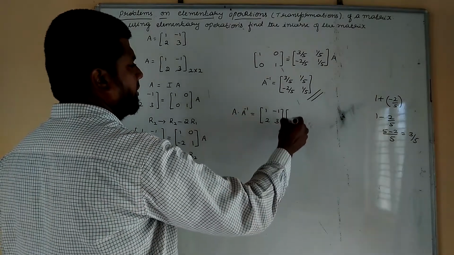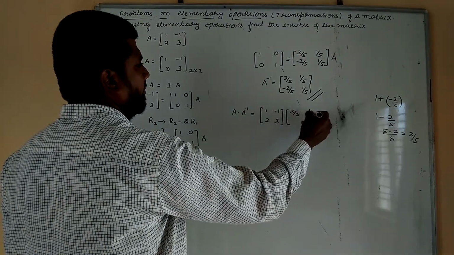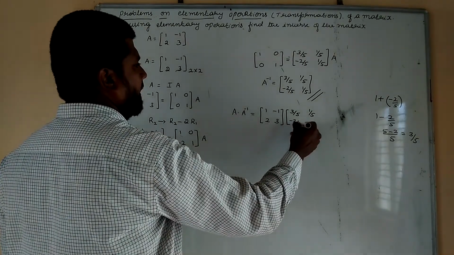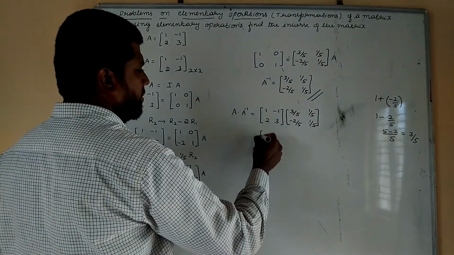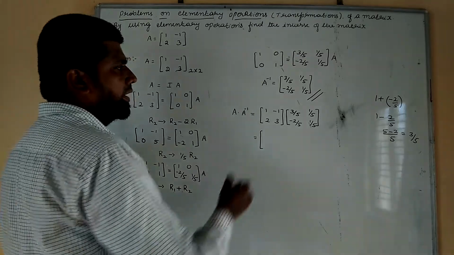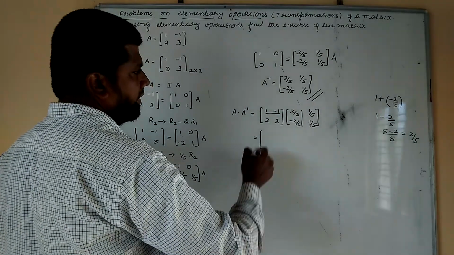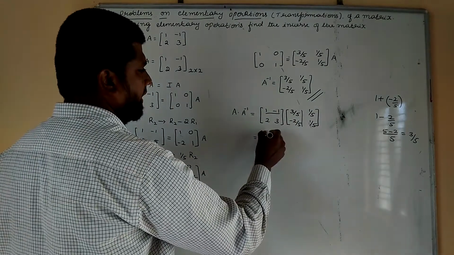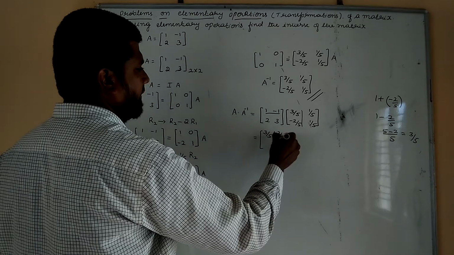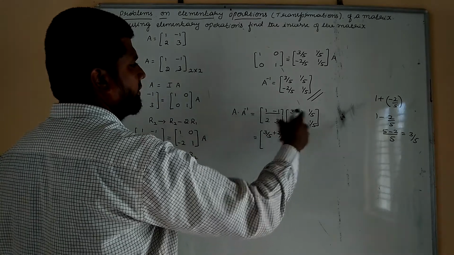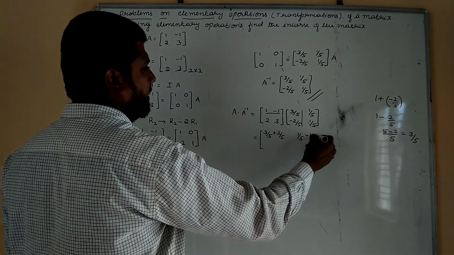Then multiply with the inverse: 3 by 5, 1 by 5, 2 by 5, 1 by 5. You know how to multiply two matrices. The first row is multiplied with the first column: 1 into 3 by 5 is 3 by 5, minus into minus plus 2 by 5. Then first row, second column: 1 by 5 minus 1 by 5.